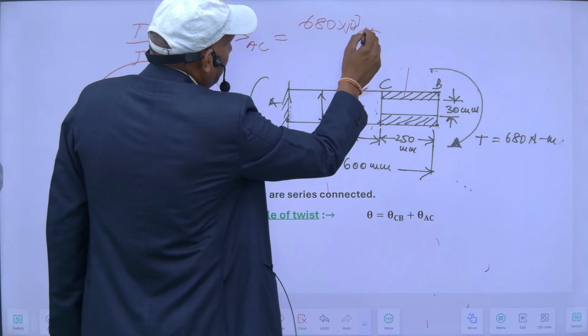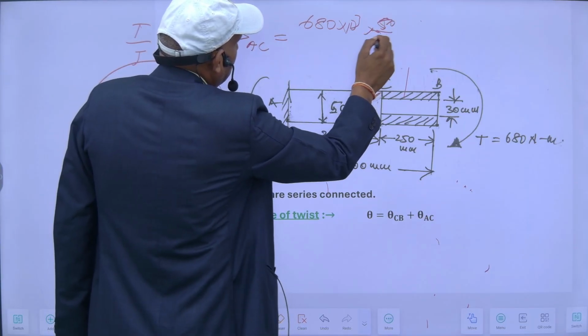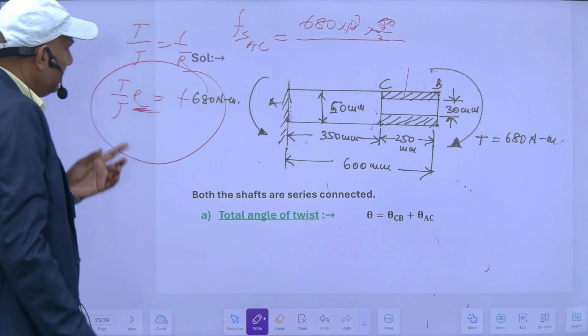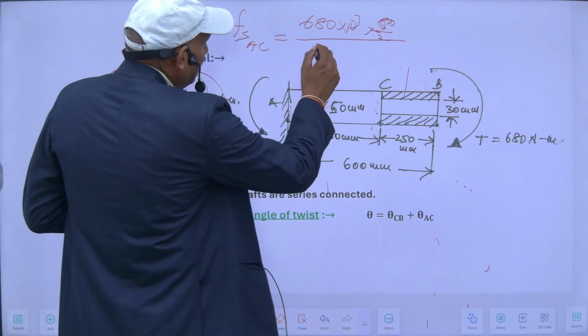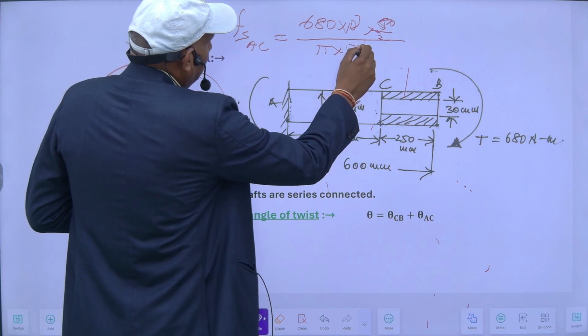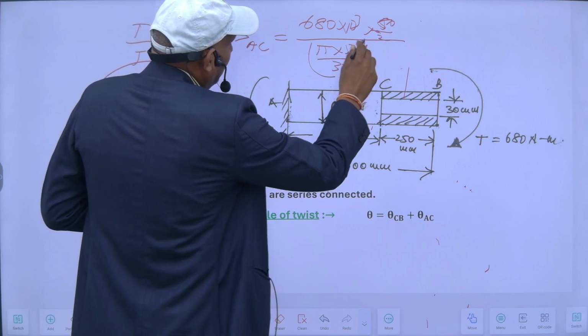Radius will be 50 by 2, upon its J. So J is this one. So this way I can calculate this.